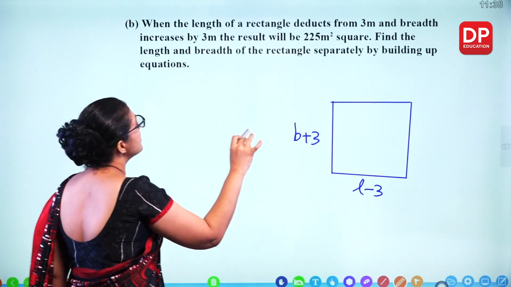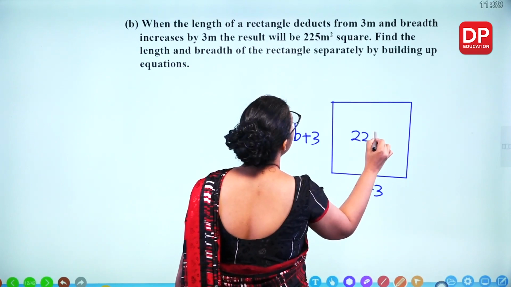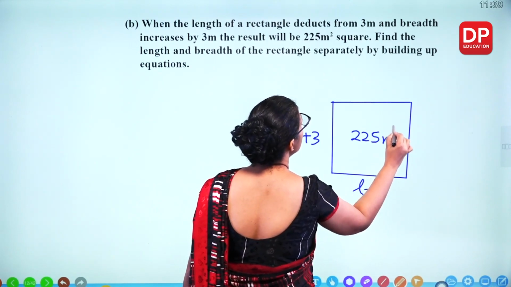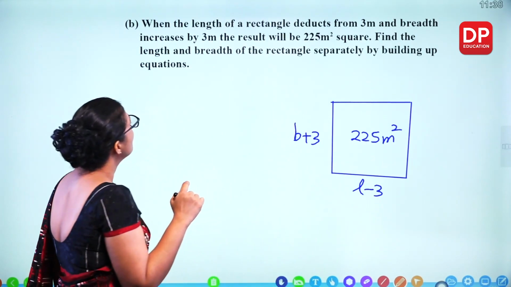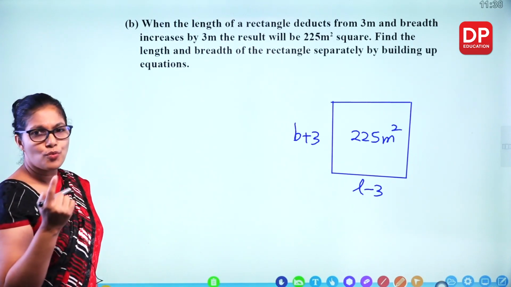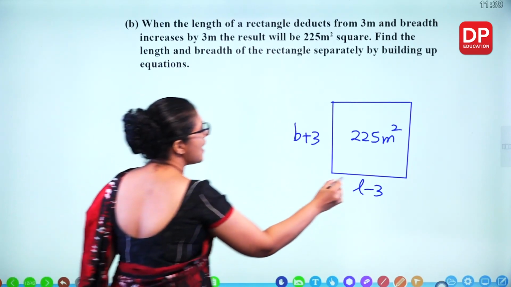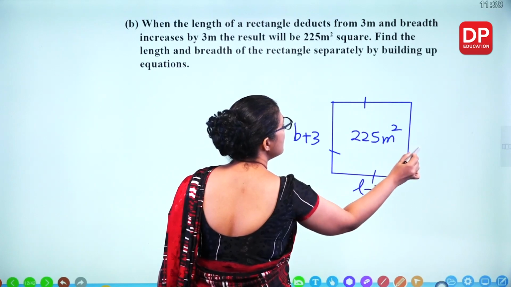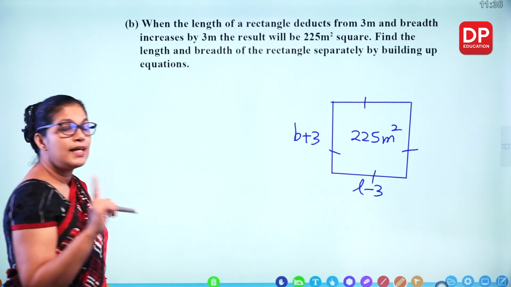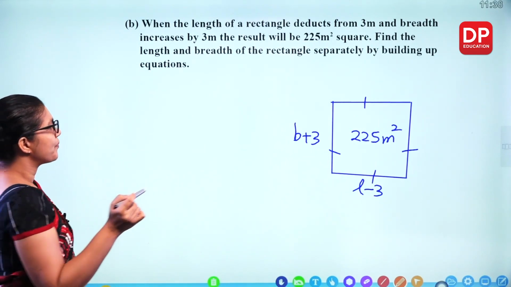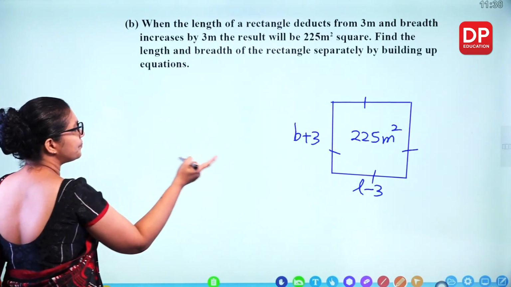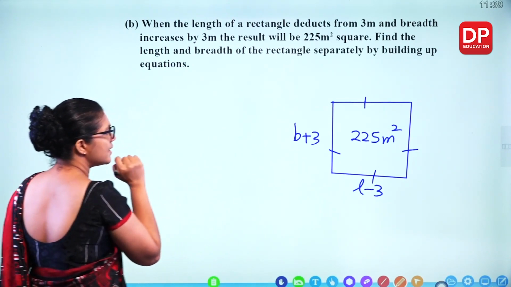So you get a square with area 225 square meters. Find the length and breadth of the square. So all sides are equal. That means we can find out the length of one side. So what is the length of one side?